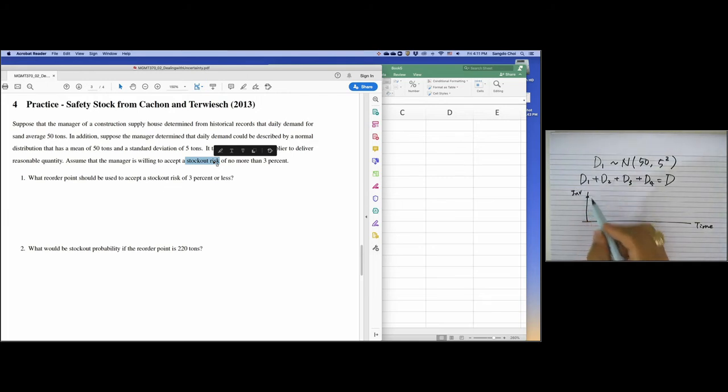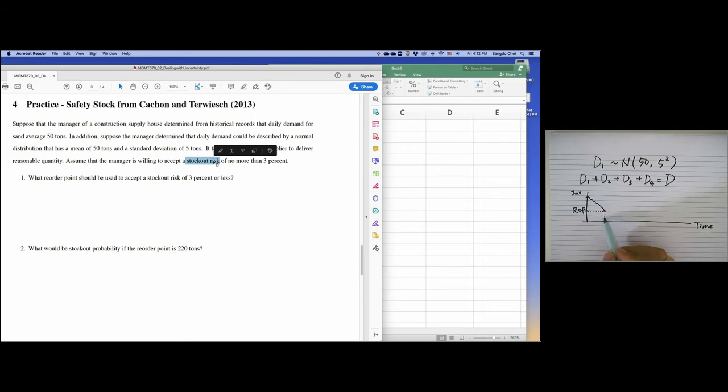We have a certain inventory, and every day we have certain sales. The inventory will decrease, right? At a certain point you have to reorder. So this is ROP. ROP stands for reorder point. At this point you have to reorder.